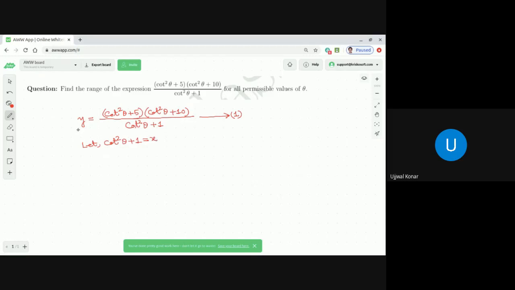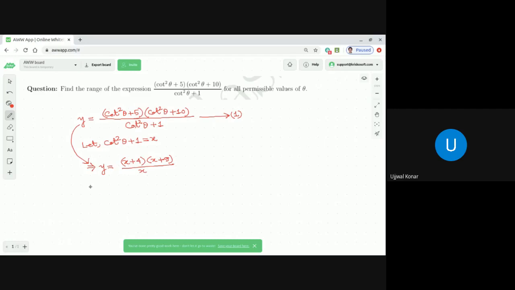This is our equation 1. Then if we apply this in equation 1, what are we going to get? y is equal to x plus 4 into x plus 9 divided by x. I hope you agree with me, dear students. Correct or not?